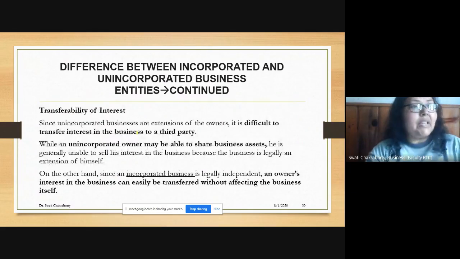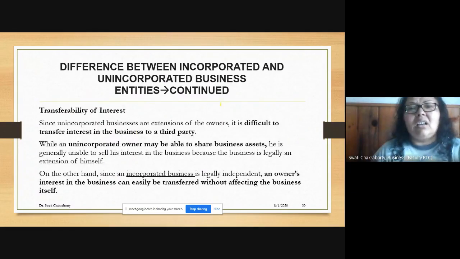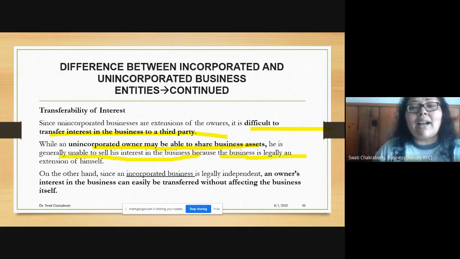Transferability of interest. It is difficult to transfer interest in a small unincorporated business to a third party. The unincorporated owner may be able to share business assets, but he is generally unable to sell his interest in the business, because it's running under his name.